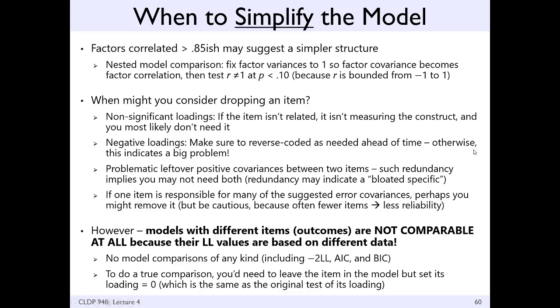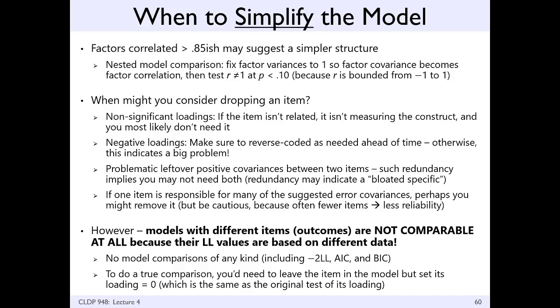So going the other way then, when would you want to simplify the model? These wouldn't be solutions necessarily to improving fit, meaning that's not guaranteed. If you have a super high factor correlation, 0.85-ish is commonly a cutoff, although there's no hard and fast rule.